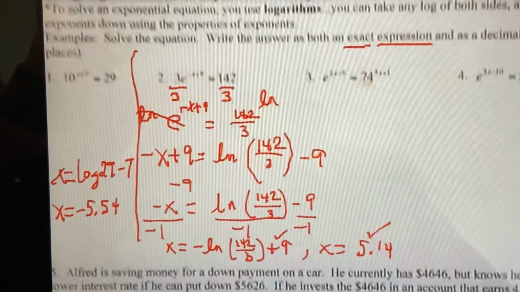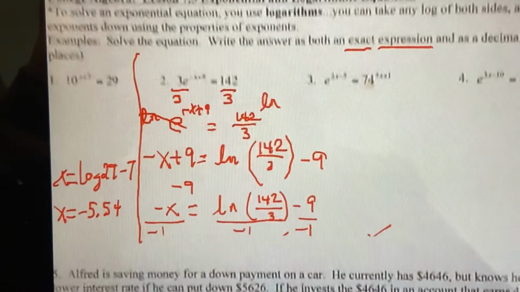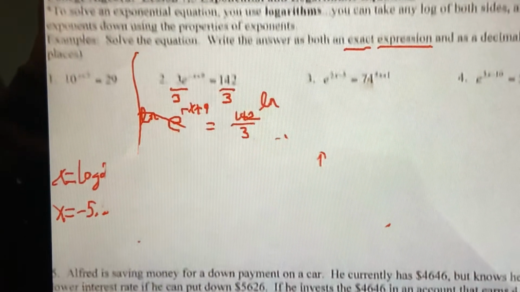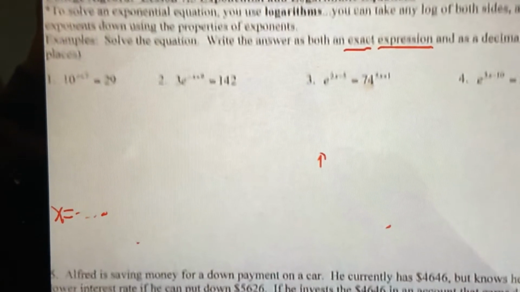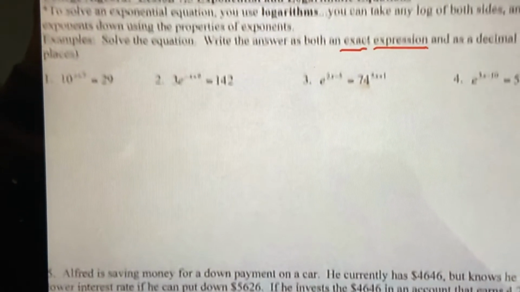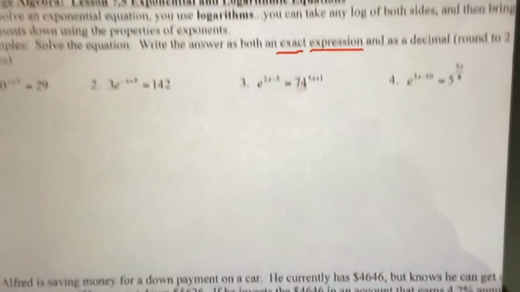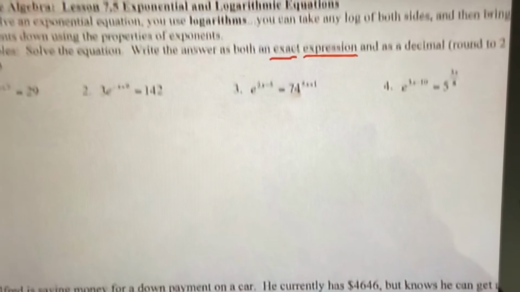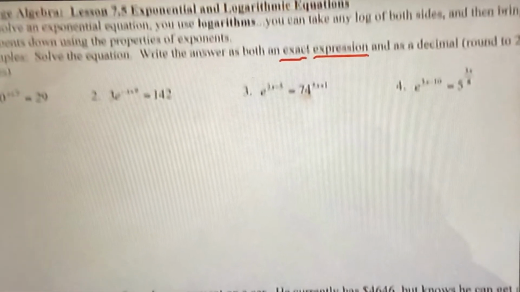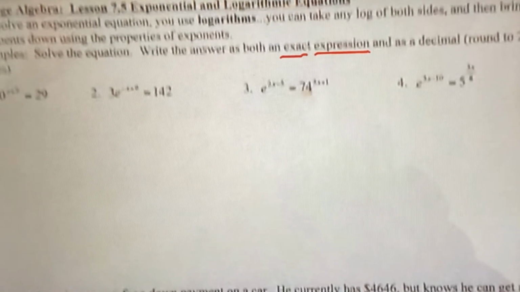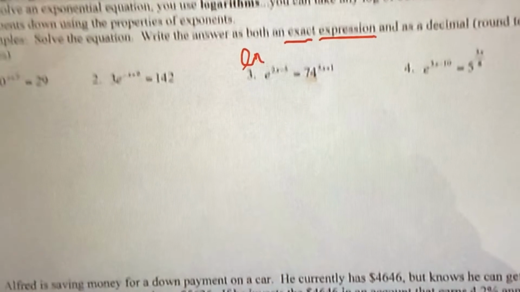All right, so looking at the third one, I already have e without a coefficient in front of it, so there's no need to divide. I can't. So I'm actually going to take the natural log of both sides.